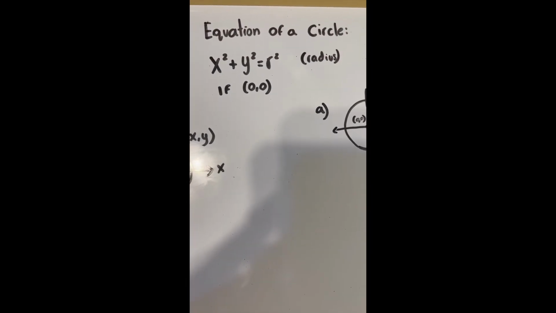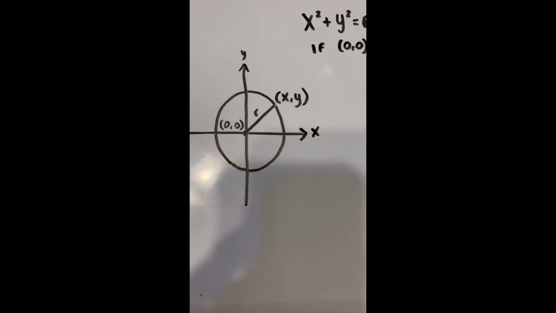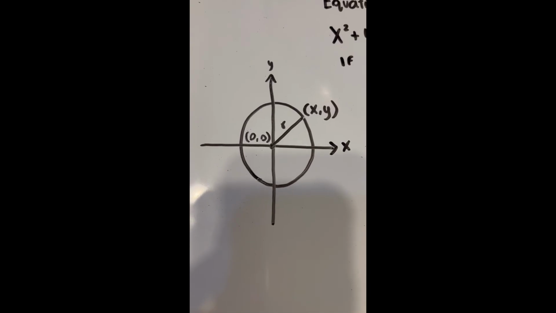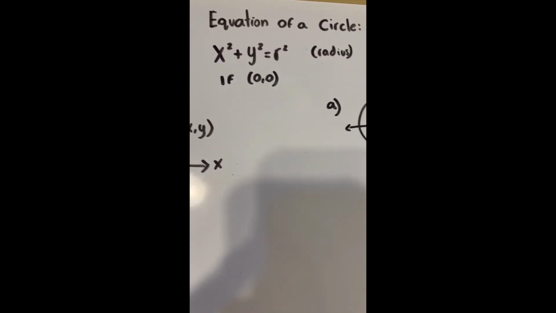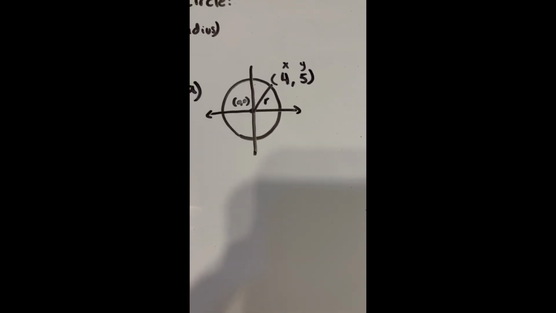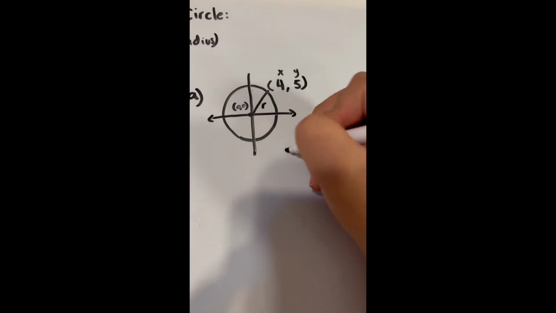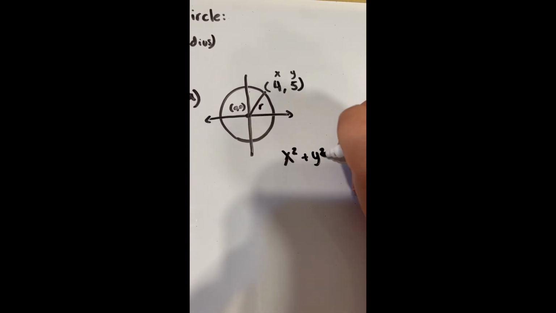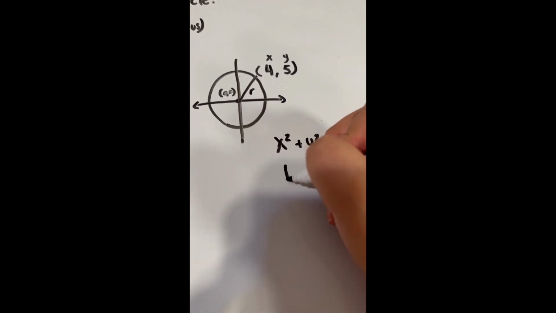For our first question, we have the equation of a circle x squared plus y squared equals r squared. And the reason why we can use this equation is because in this circle, our center is at 0, 0, or at the origin. So for this question, 2 of our points that we have are x4 and y5. So all we have to do is plug in those numbers to figure out the radius.